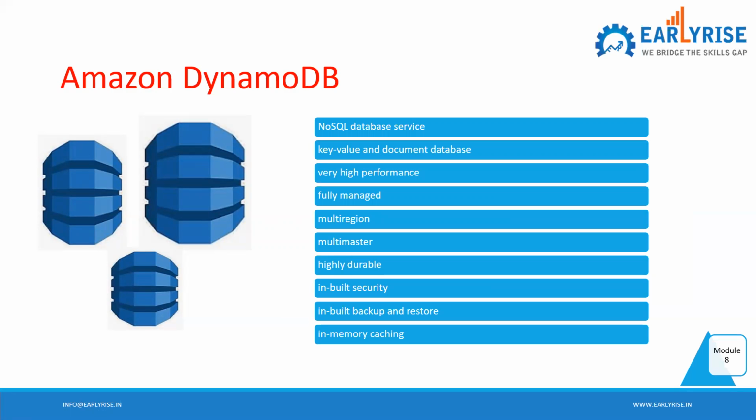So we have smaller applications, enterprise level applications, and then what we call internet scale applications, right? Even for internet scale applications, this DynamoDB is ready because of this feature of in-memory caching.